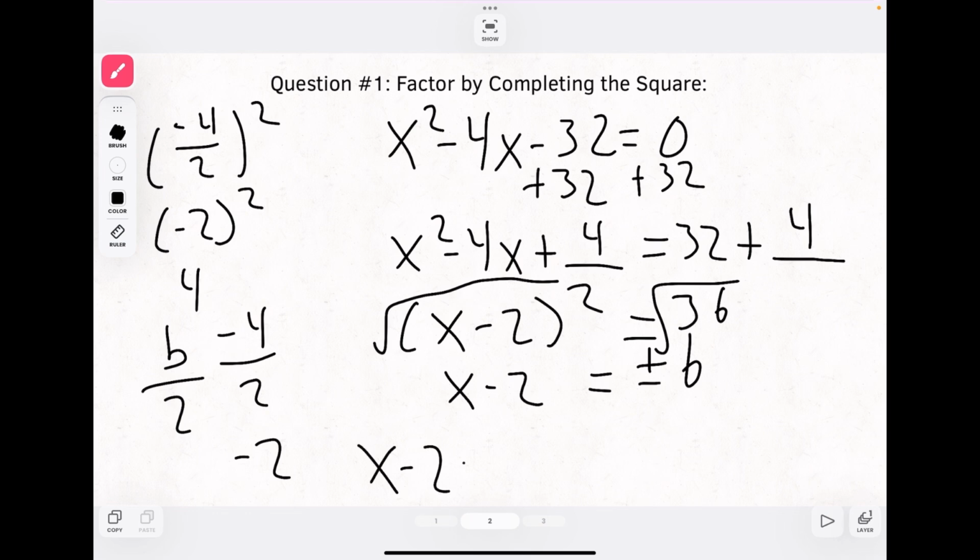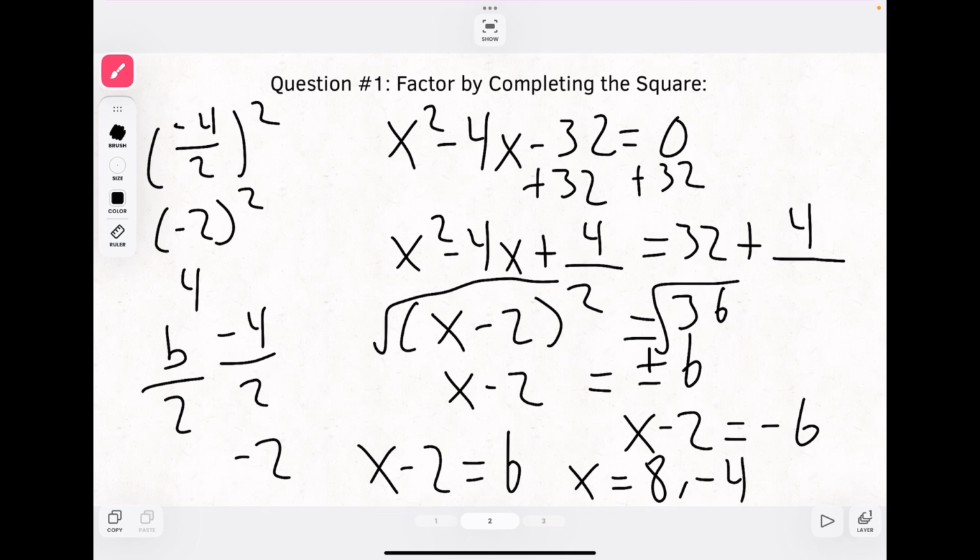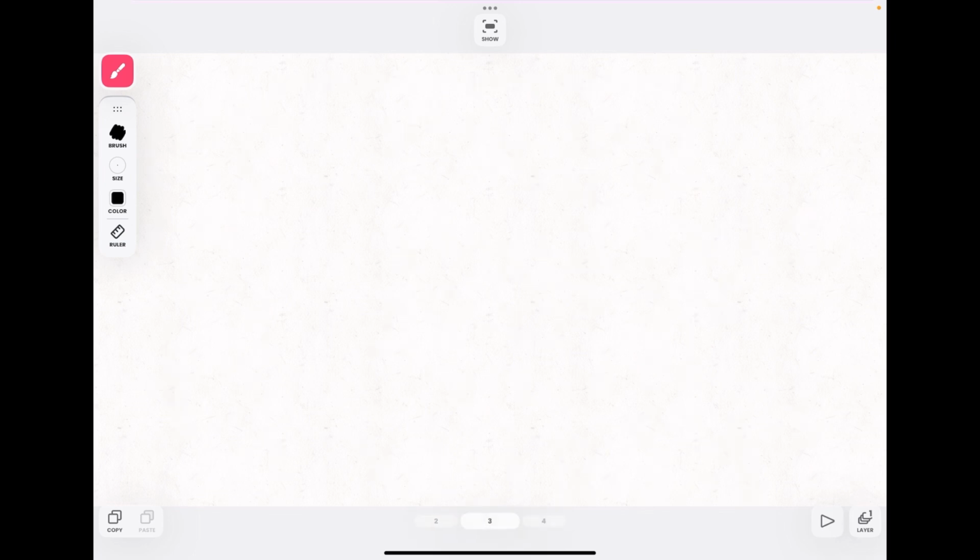We're going to do x minus 2 is equal to positive 6, and then x minus 2 is equal to negative 6, and add the 2 on both sides, and your final answer is going to be x is equal to 8 and −4, which I know I'm kind of running out of room right here, but hopefully you can tell where the answer is.